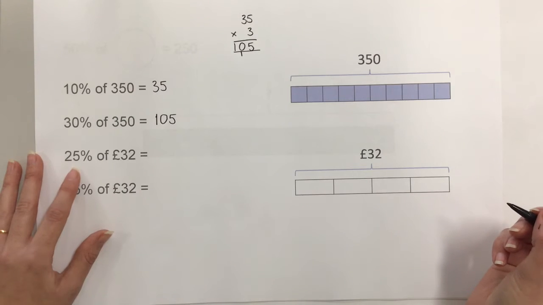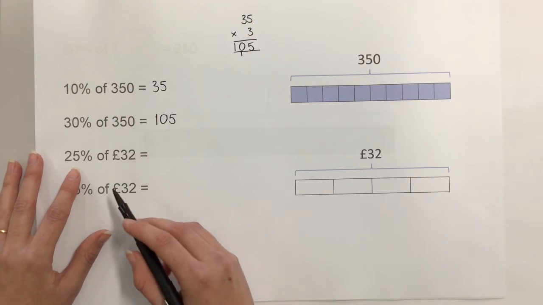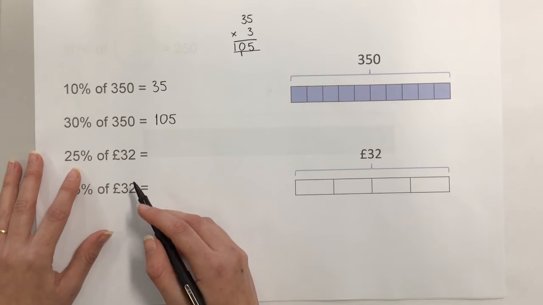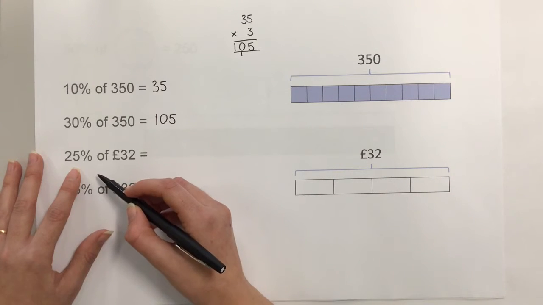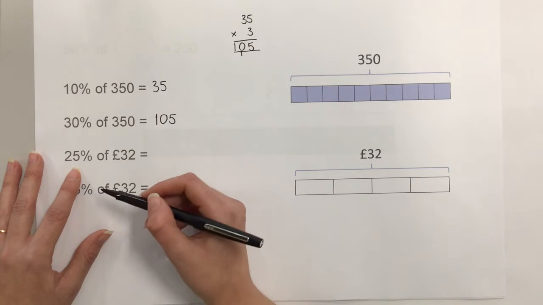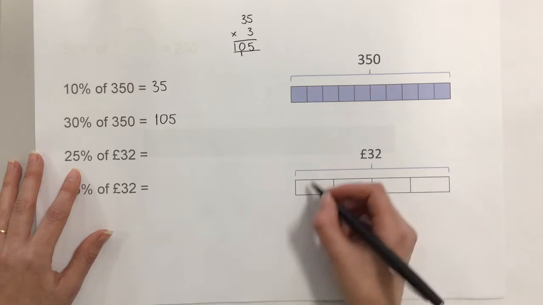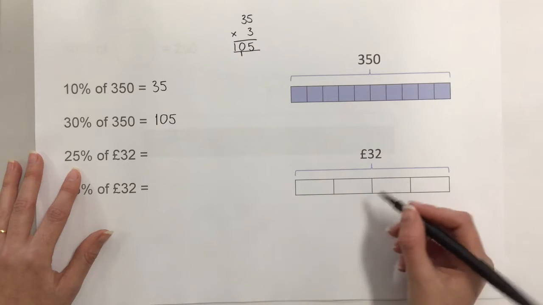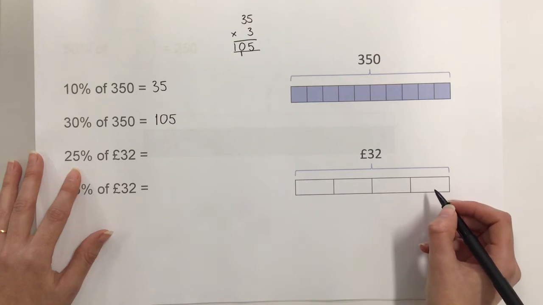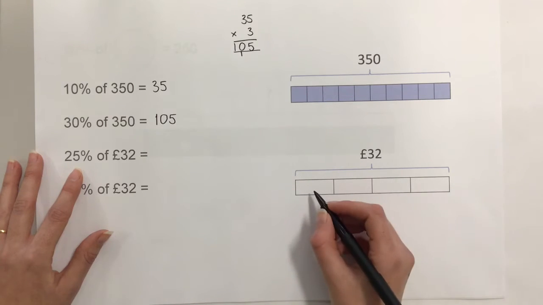Okay, let's move on. So 25% of £32. Okay, so I know that 25% is equivalent to 25 100ths, and I also know that I can simplify that to 1/4. So again, I've got my bar model over here to help me. My whole is £32, and I've got my bar split up into 4 sections because I'm trying to find 25%, which is equivalent to 1/4.